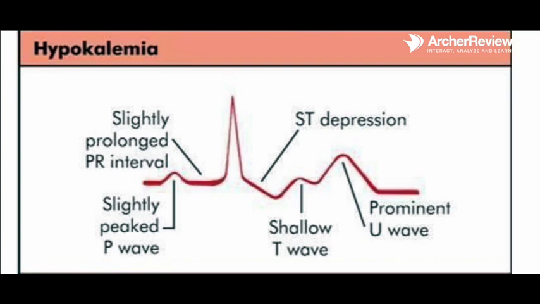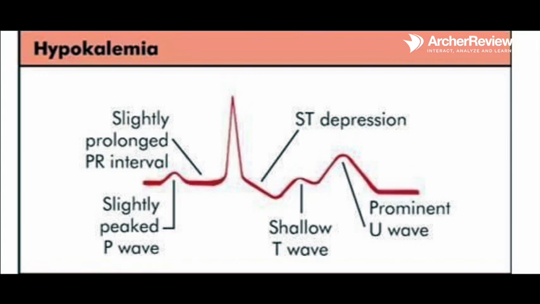You have the ST segment depression after that QRS complex, that coming down part before the T wave, it gets kind of low. And then the T wave itself is very, very shallow. With hyperkalemia, you had the tall and peaked T wave, but with hypokalemia, you have a very shallow T wave. And then here's that U wave, that last marker of hypokalemia.